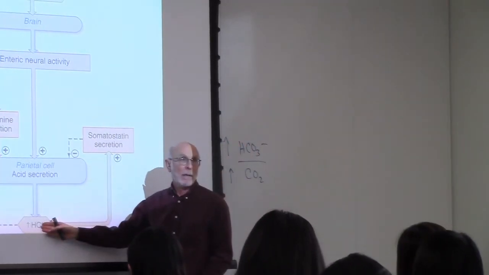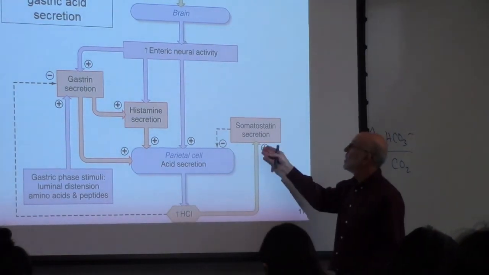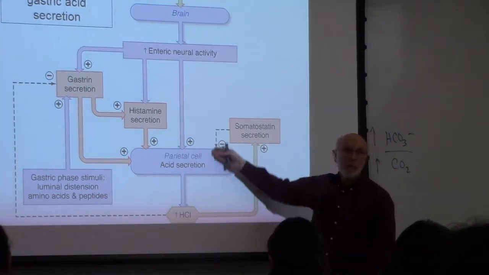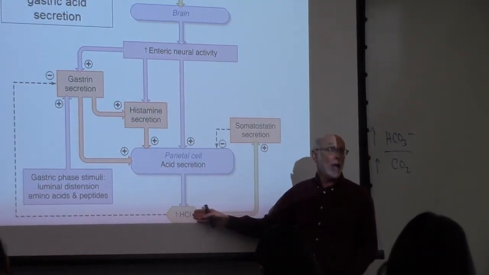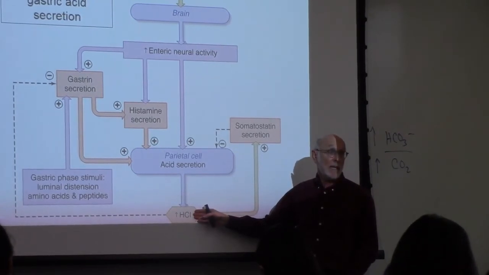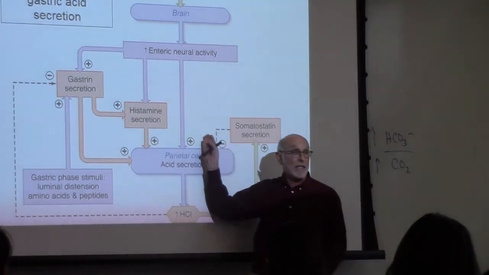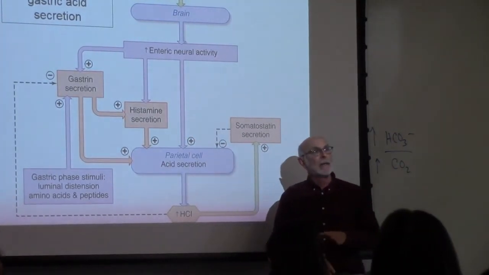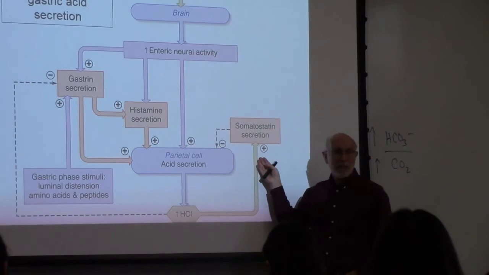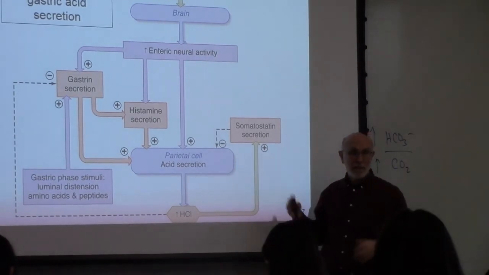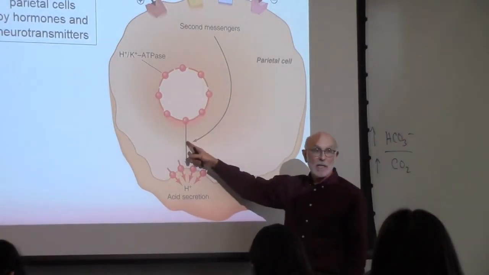Acid in the stomach, low pH, actually stimulates, this is a negative feedback loop here, somatostatin. If the pH in the stomach gets too low, like between meals, somatostatin inhibits all of this process in order to prevent more acid from being secreted, and allows the endocytosis of those vesicles to reverse this process here.